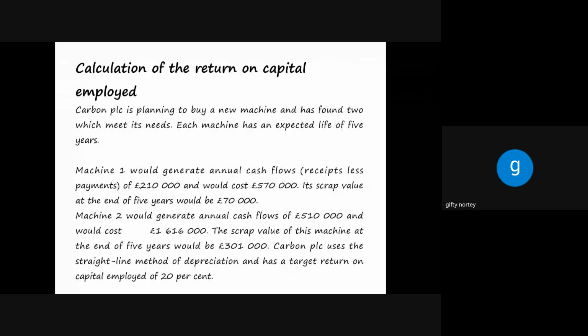Total cash flow for the 5 years, if annual cash flow is 210,000. Will you multiply the 210 by 5?